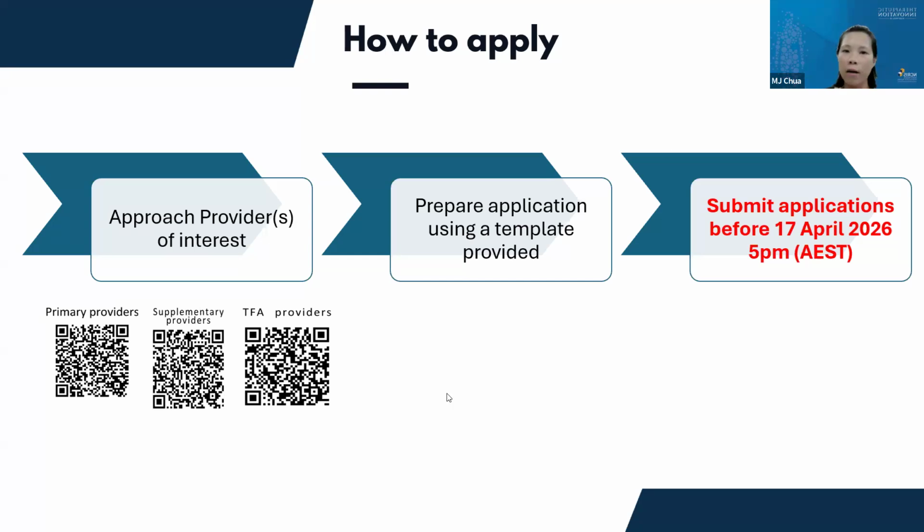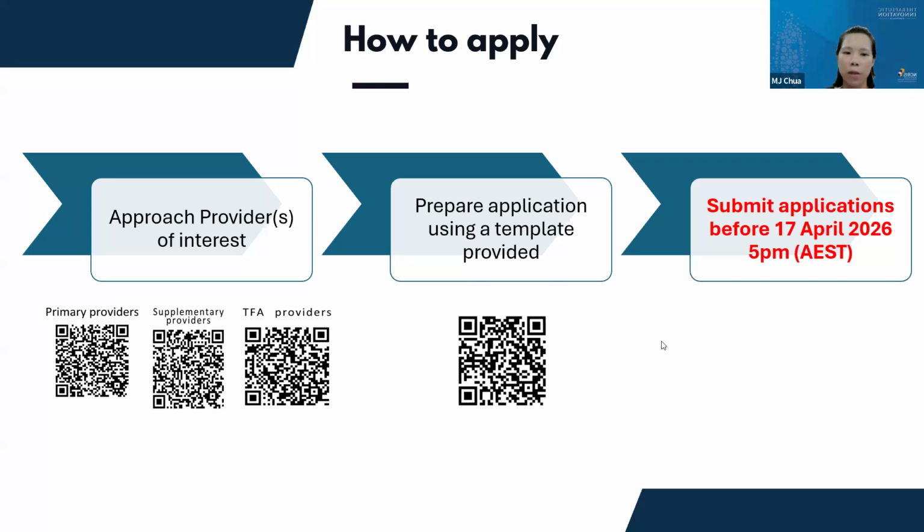Just a reminder that our application form is an online form, which means that it cannot be saved and returned to at a later date. So please use the template provided, which you can download from our website, and the QR code is next. Again, I strongly encourage you to work very closely with the provider as you prepare your application.